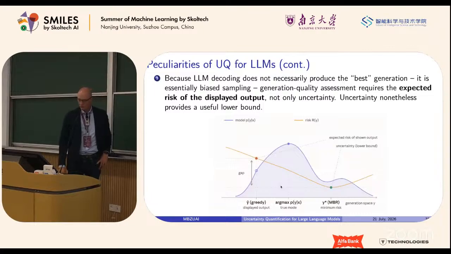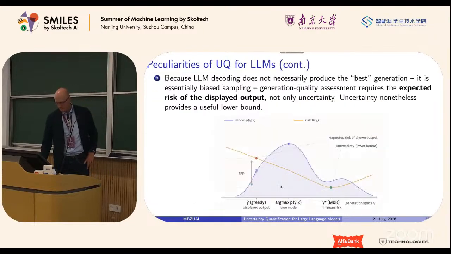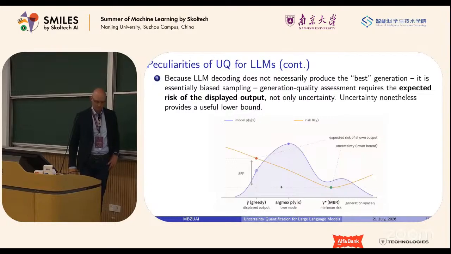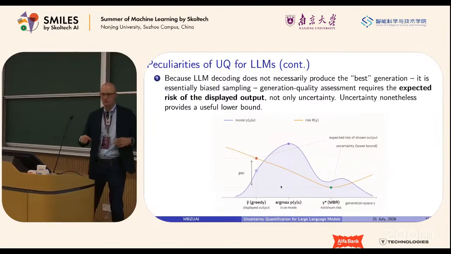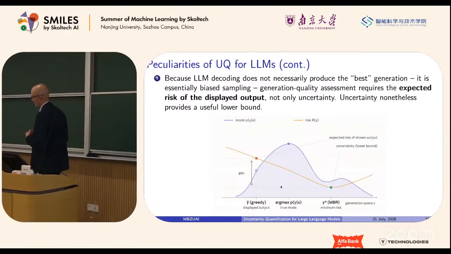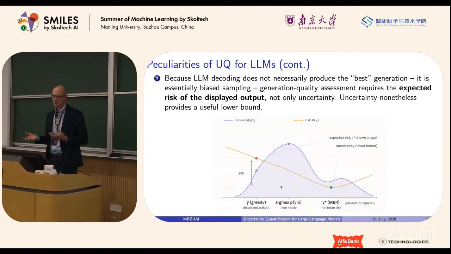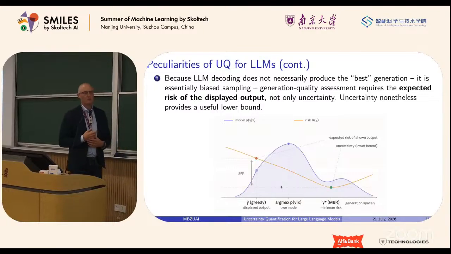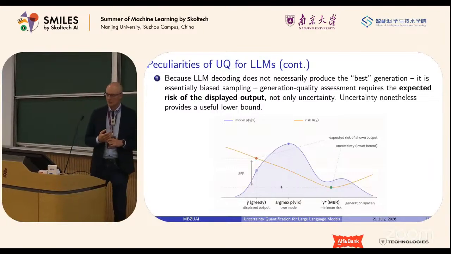So the third problem is that when we are doing generation from a language model, we are using some decoding algorithm. It might be greedy decoding, it might be sampling, it might be some beam search.